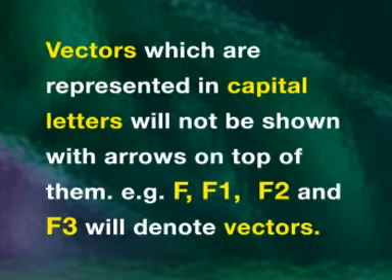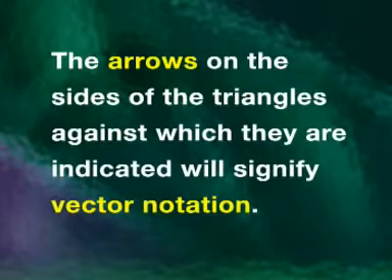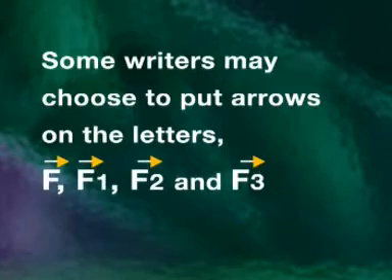Example, F, F1, F2, and F3 will denote vectors. The arrows on the sides of the triangles against which they are indicated will signify vector notation. Some writers may choose to put arrows on the letters F, F1, F2, and F3.